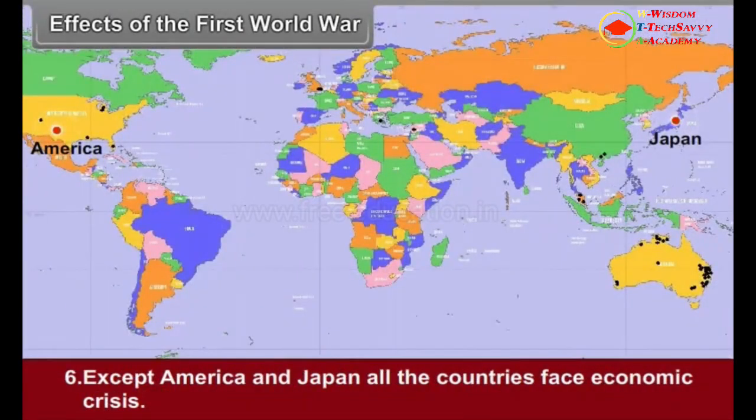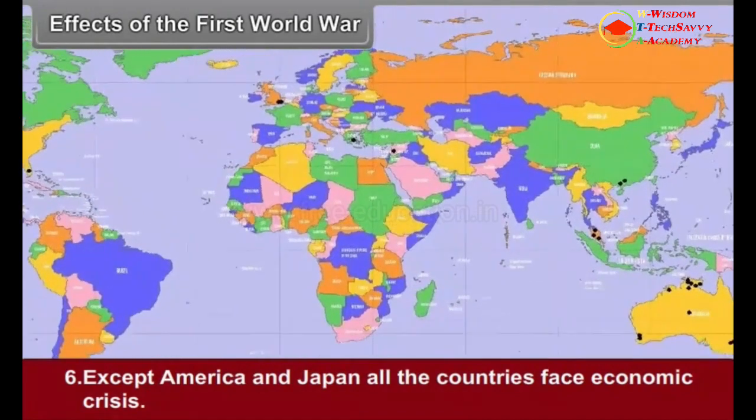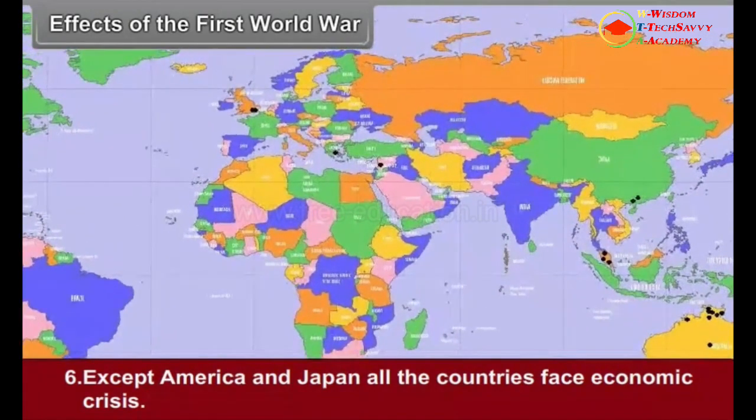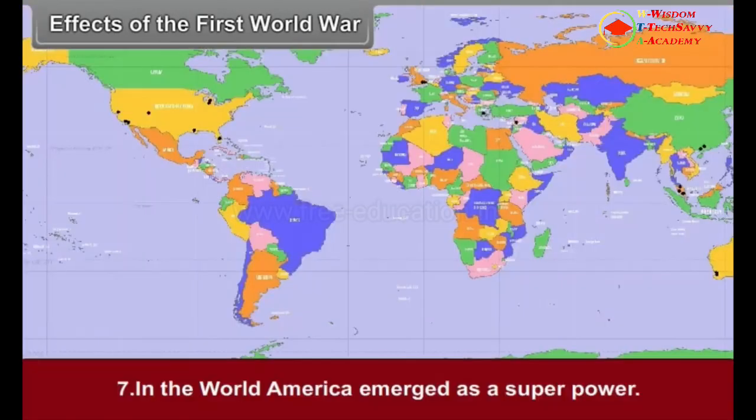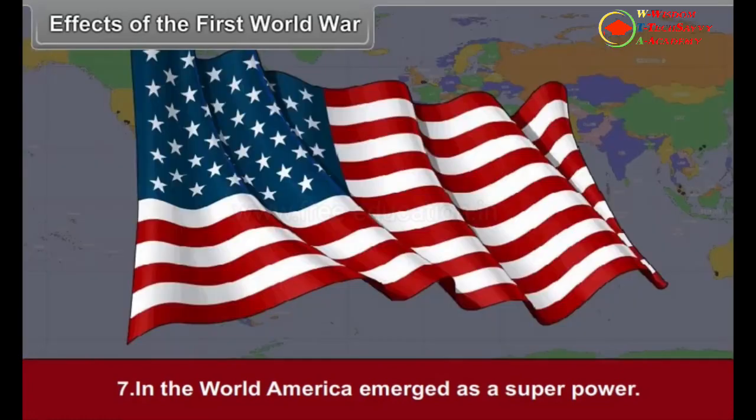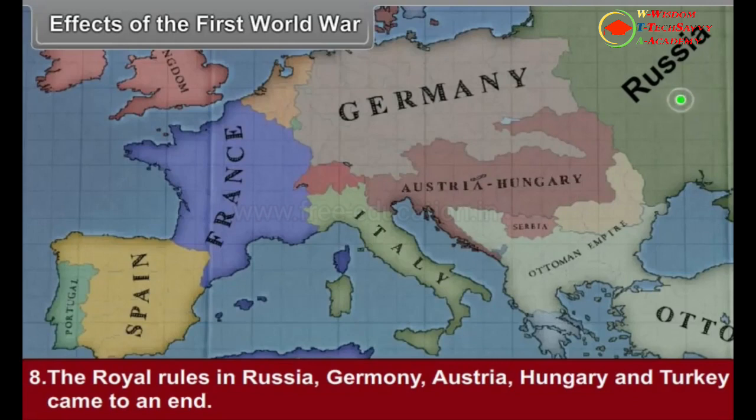Sixth, except America and Japan, all the countries faced economic crisis. Seventh, in the World War, America emerged as a superpower. Eighth, the royal rules in Russia, Germany, Austria, Hungary, and Turkey came to an end.